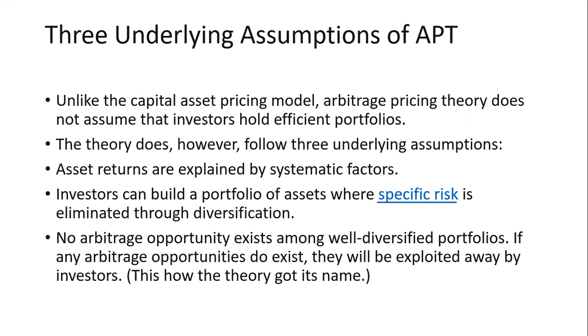So that is how the theory explains its assumptions. This is how the theory got its name, arbitrage, because if anybody comes to know that an arbitrage opportunity exists, they will exploit it and it will be eliminated by the investors.